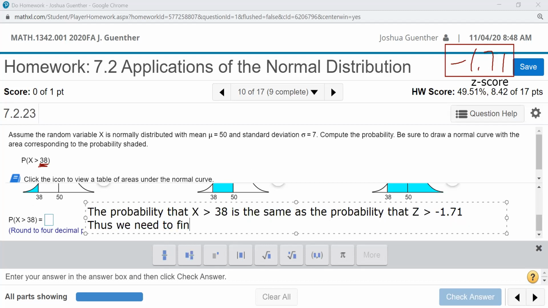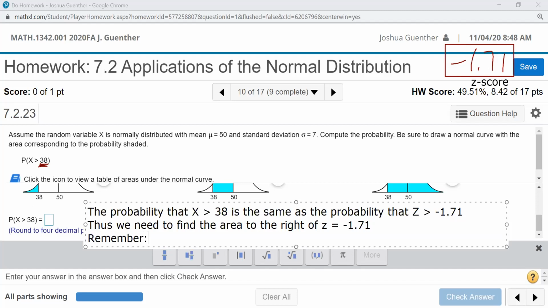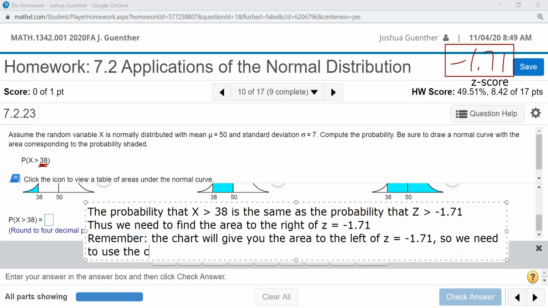Thus, we need to find the area to the right of z equals negative 1.71. Remember, the chart will give you the area to the left of that z-score. So we need to use the complement rule.